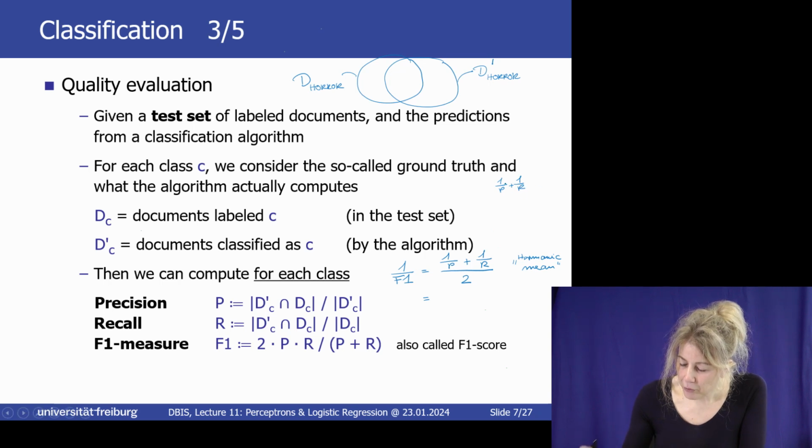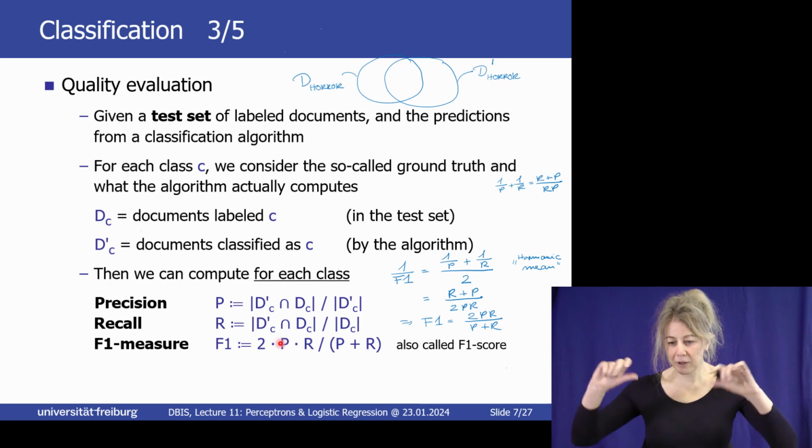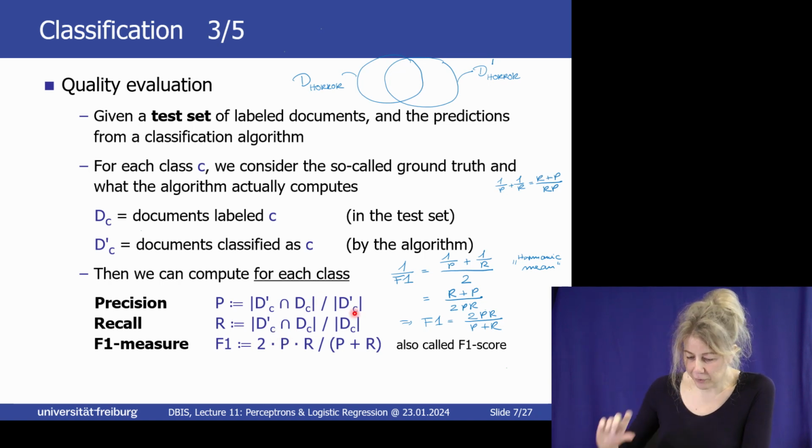If I multiply both by p and r, then I get r plus p over pr, that's just some very basic math, and if I plug this in here, then I get r plus p over 2 pr, and if I turn this around, then I have F1 is equal to 2pr over p plus r, which is, I think, exactly what's written here. So yeah, it's just the harmonic mean. You take the mean of the reciprocals and then turn it around again.